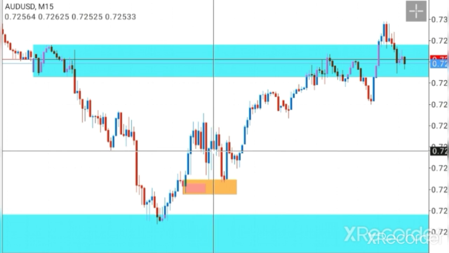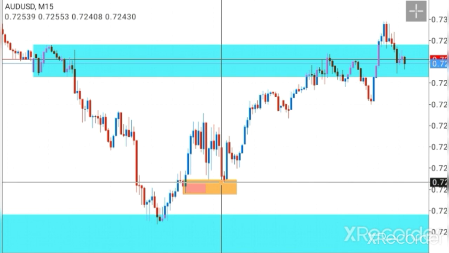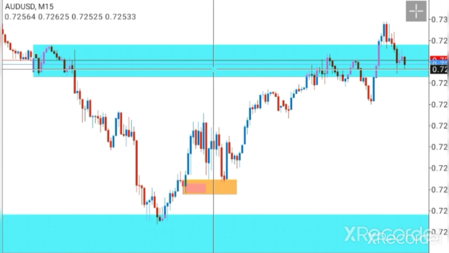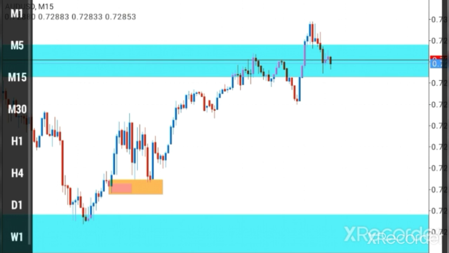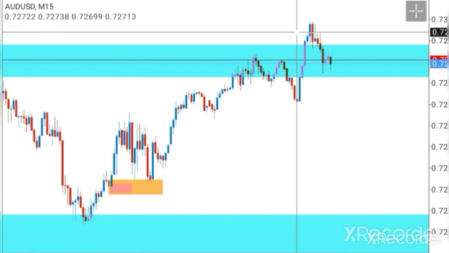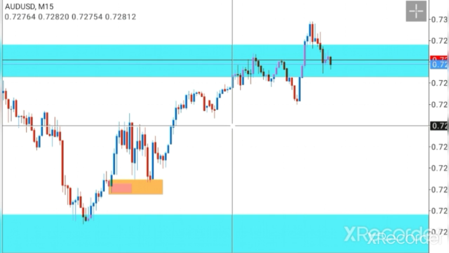When price returned, it reacted off of that lower time frame OB. And look at how price exploded upward aggressively. I hope you understand what we are trying to say here.